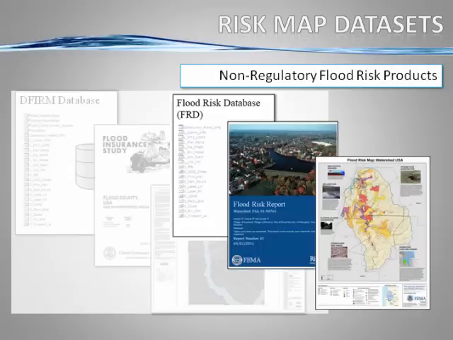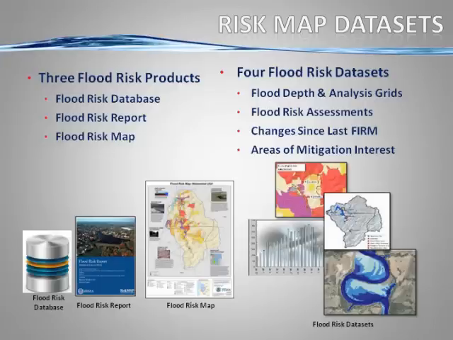In addition to these, you get a flood risk database, a flood risk report, and your flood risk map for your area. Now, this is done on a watershed basis. So within your entire watershed, you get a risk report for the entire watershed within your area. There are several municipalities, in some cases, within that watershed.